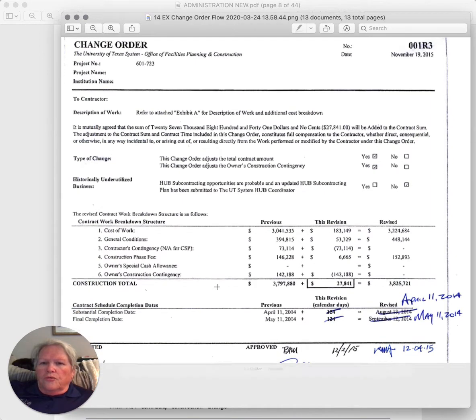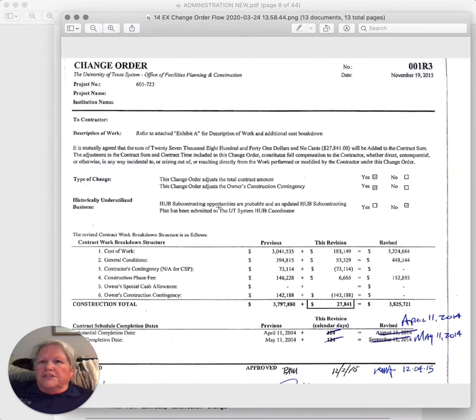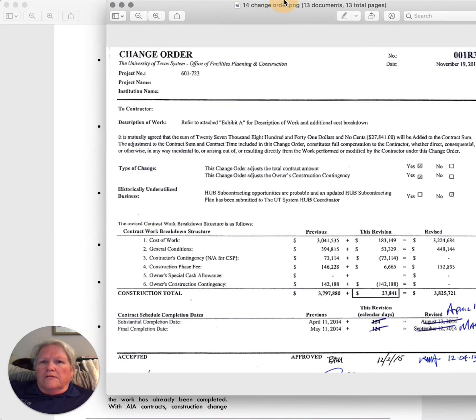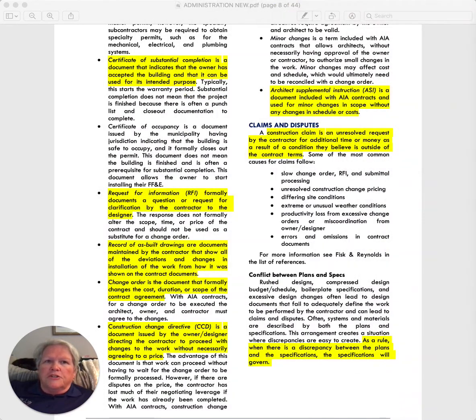They also want to know, as you can see right here, if the substantial completion date is altered because of this change order. And then everyone, including the owner, architect, and the contractor, has to sign it before it becomes a formal, agreed-upon amendment to the contract. So change orders are very, very important to the entire process.